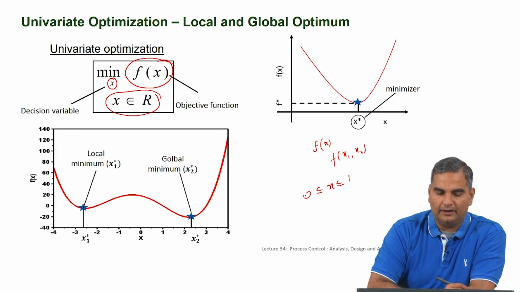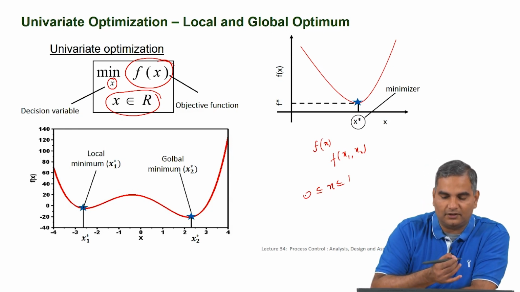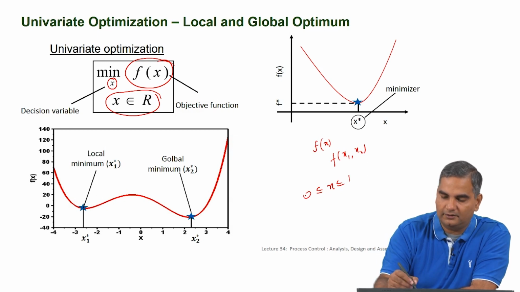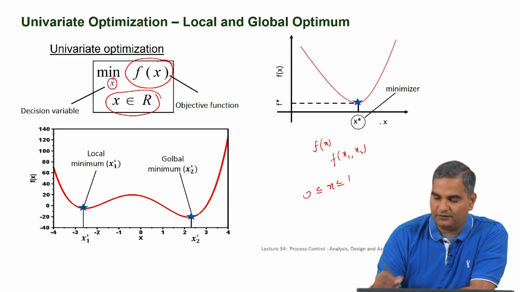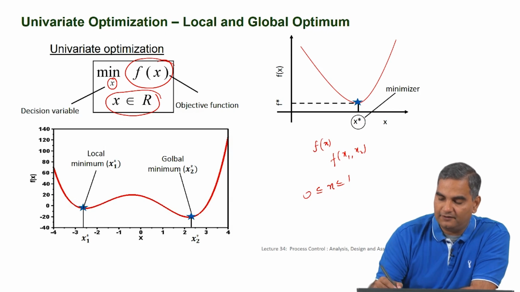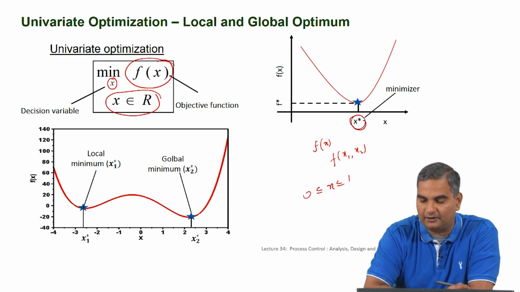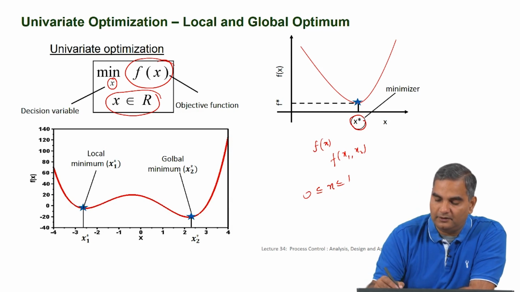So, both are possible. Now, you might ask, what is this optimization problem solving? Supposing you were to plot this function f of x as a function of x, what this optimization problem is trying to solve is to find the value of x star at which the function takes the smallest value, because we are trying to minimize this here. That point would be this here, because for any other x, f of x will be larger than this.